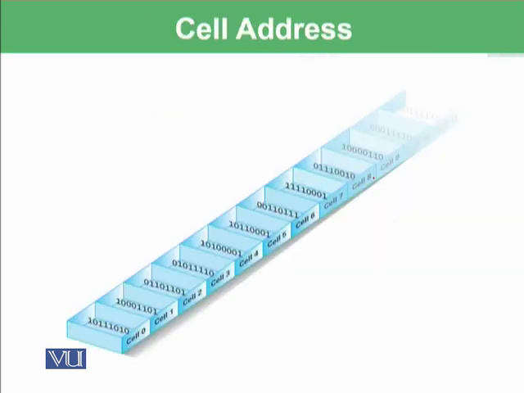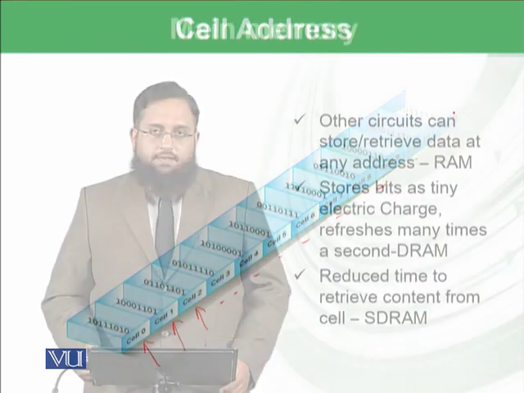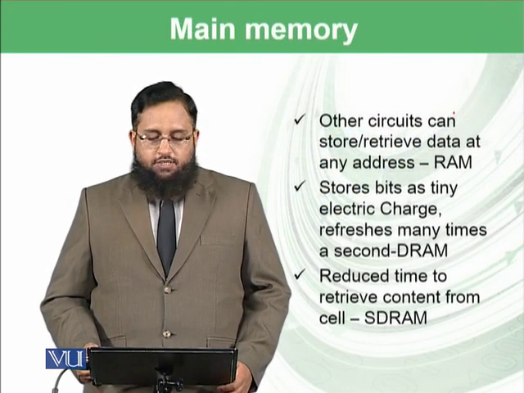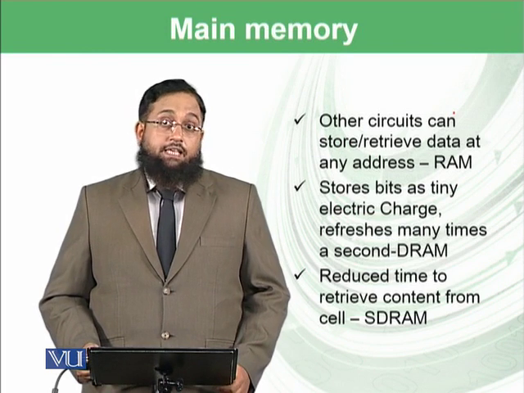And each cell has a cell address. Starting from cell 0, cell 1, cell 2 and so on, we have trillions of cells and each cell has a cell address starting from cell 0. Other circuits in the computer can store and retrieve data in each cell.